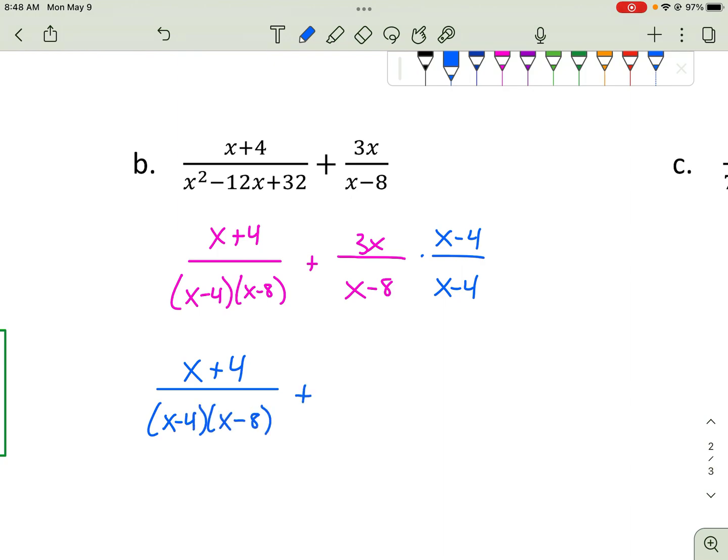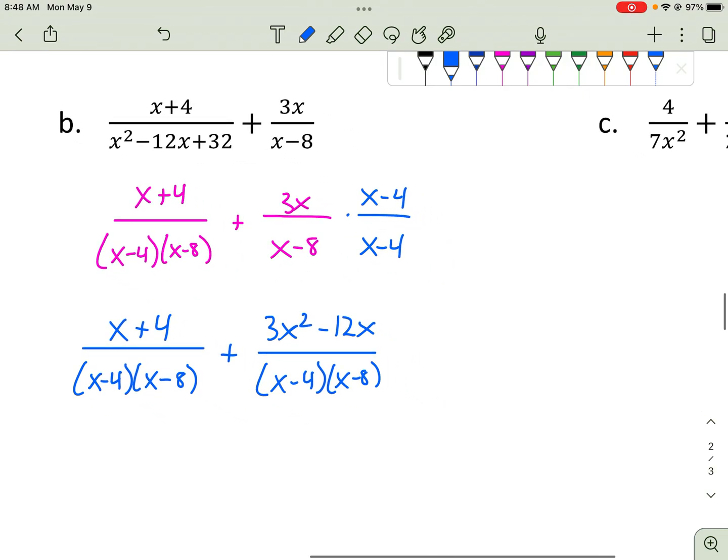And then plus, I'm going to distribute on the top right now. So I get 3x squared minus 12x when I distribute over our common denominator. I'm going to write it in the same order this time, x minus 4 times x minus 8. And now we just combine like terms in our numerator. So now we have this x and minus 12x.